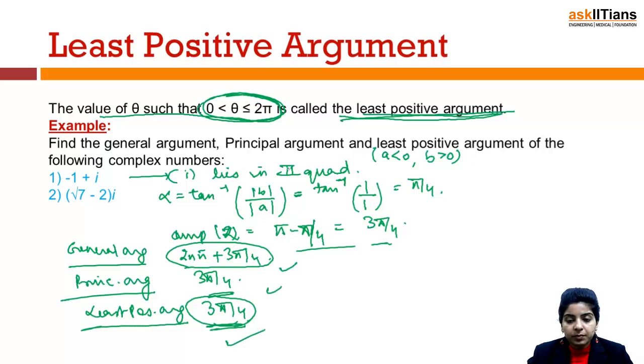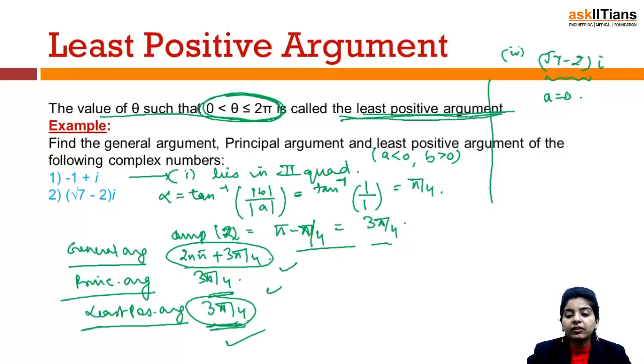Now this was the first part. Now I have the second part, and it says root 7 minus 2 iota. Right? Now again, first of all we'll see that my a is 0, because this is a purely imaginary number. The real part is 0 since the whole term is in iota.